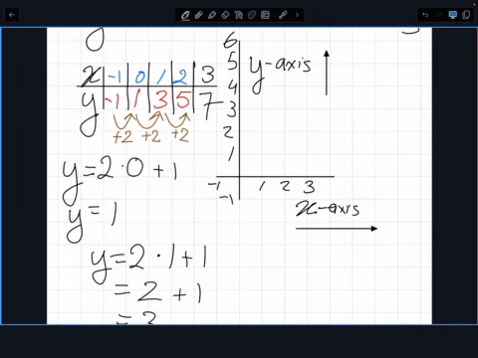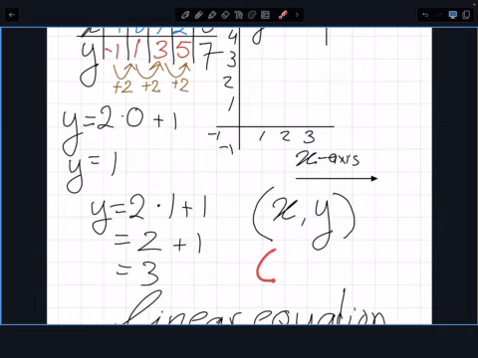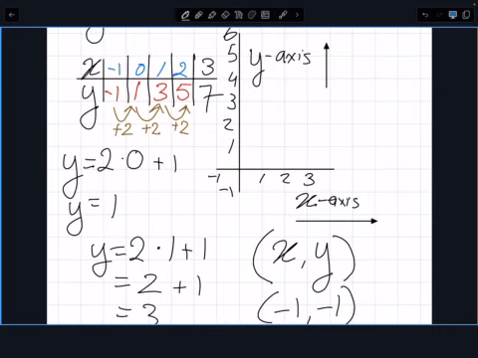A coordinate is composed out of an x value and a y value. If you look at the table, you have an x value that belongs to a y value. So the first coordinate is -1. This x value belongs to that y value.